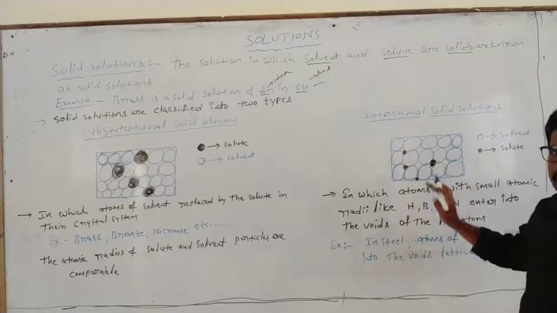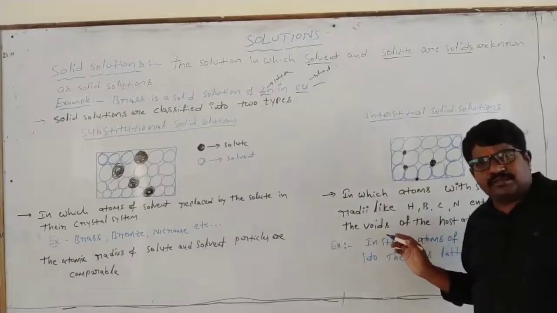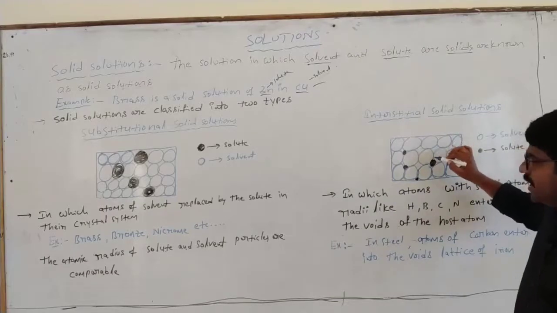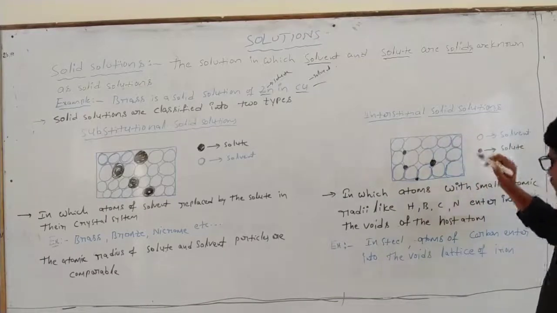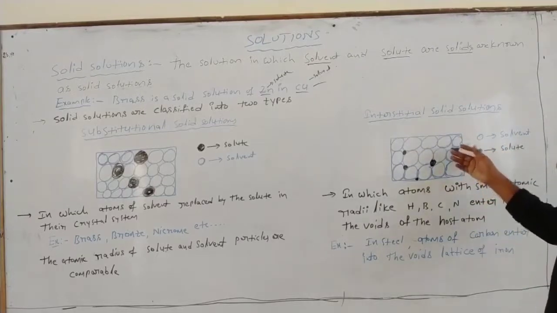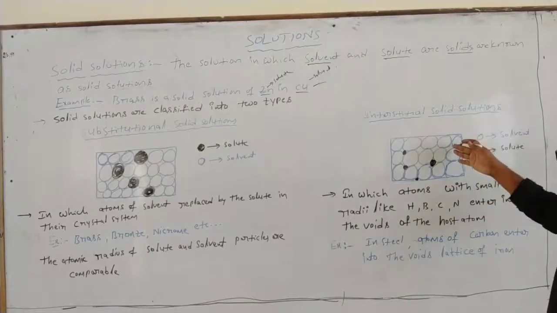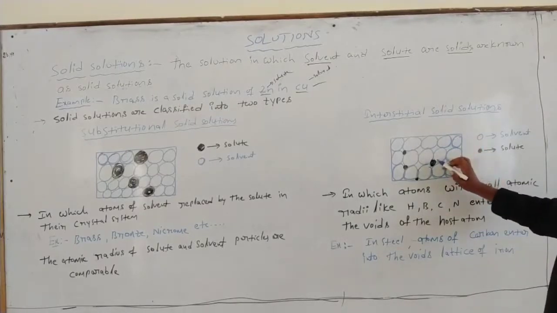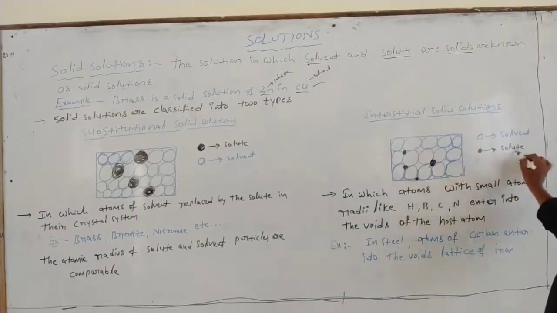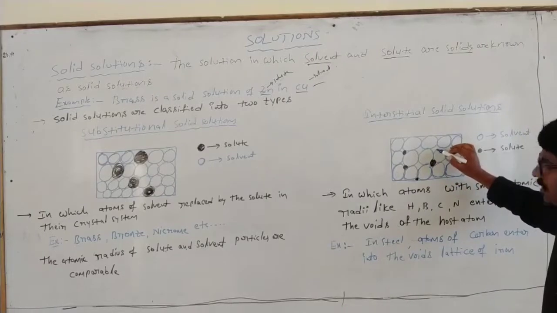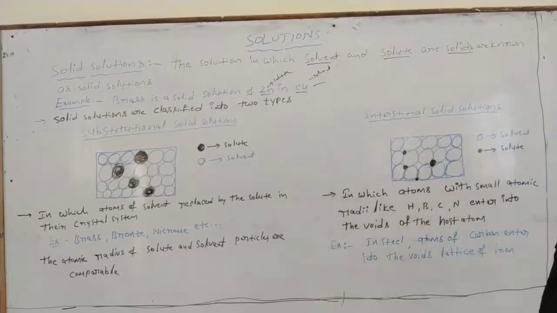Solvents are considered the host. Atoms with a small atomic radius enter the voids of the host cells. The host atoms give accommodation for solute particles, so small atoms occupy the interstitial sites of the solvent particles.